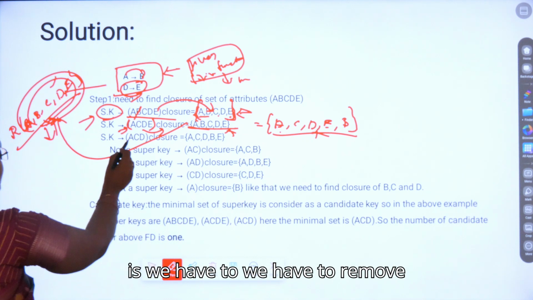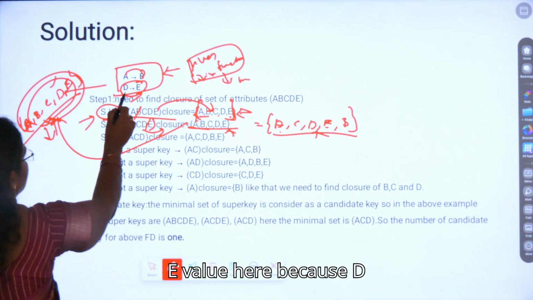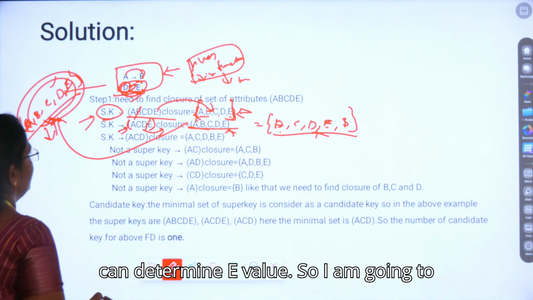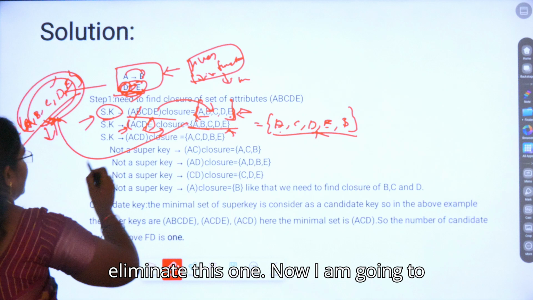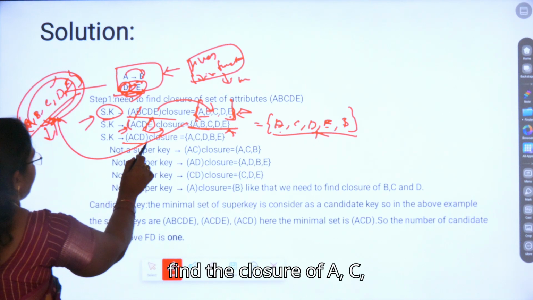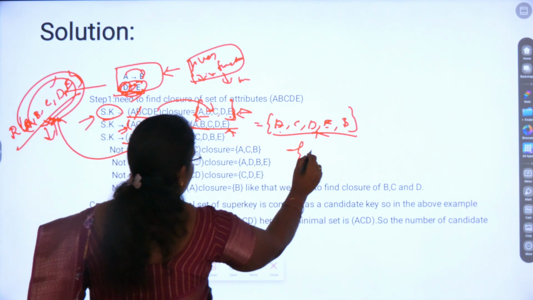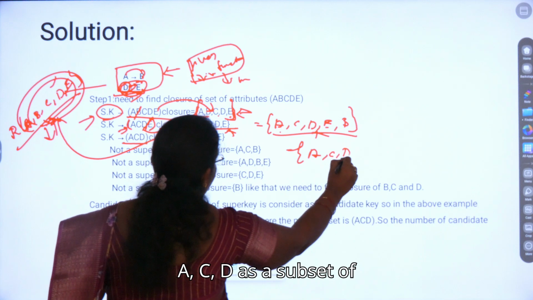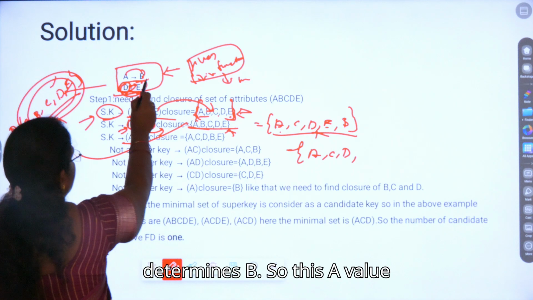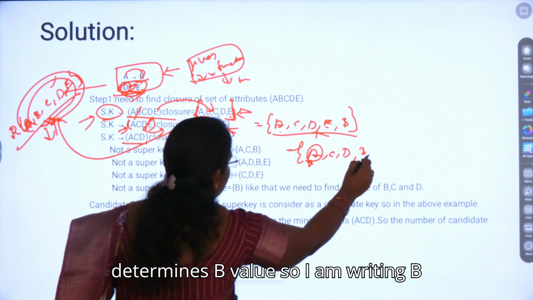Next we remove the E value here because D determines E. With the help of D we can determine the E value, so I am going to eliminate this one. Now I am going to find the closure of A, C, D. As a subset of the ACD closure, A determines B, so I write the B value here.